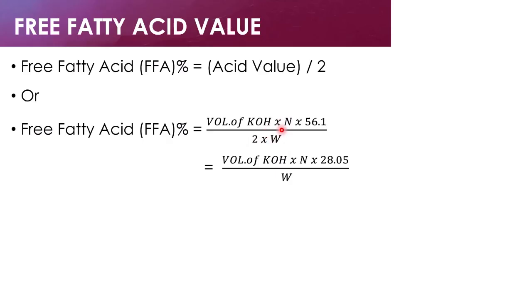And this equation can be written as this, which is volume of potassium hydroxide times the normality of the potassium hydroxide times 28.05, divided by the mass of lipid used. We have the 28.05 over here because 2 divides the 56.1, to give us the 28.05.